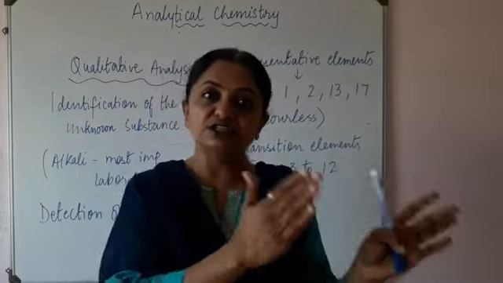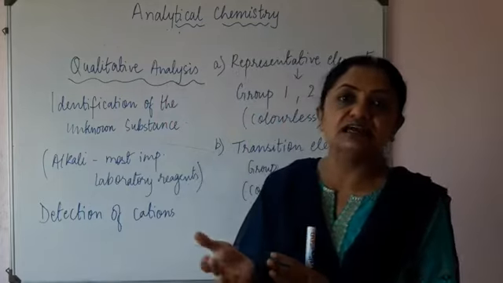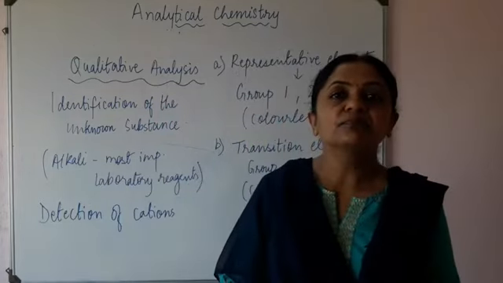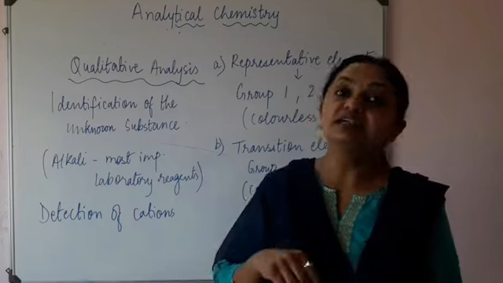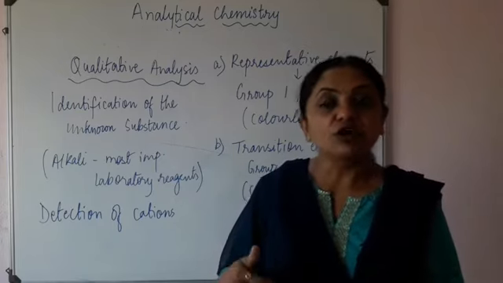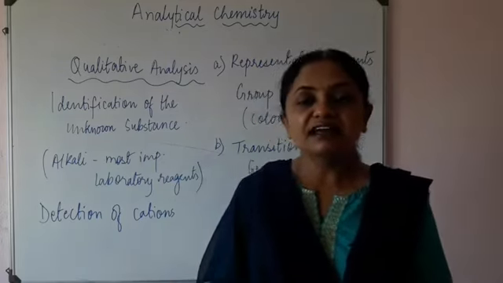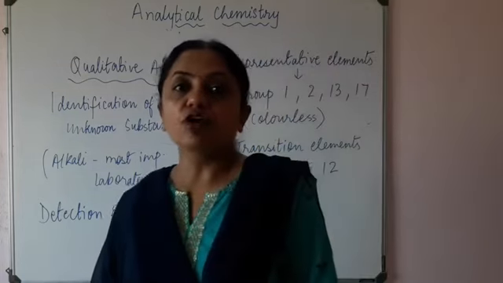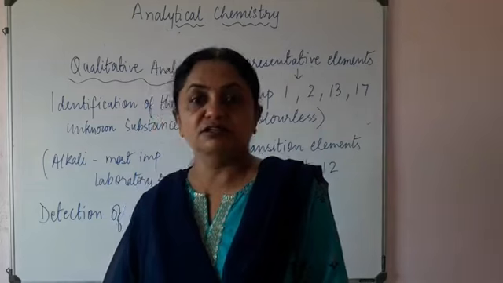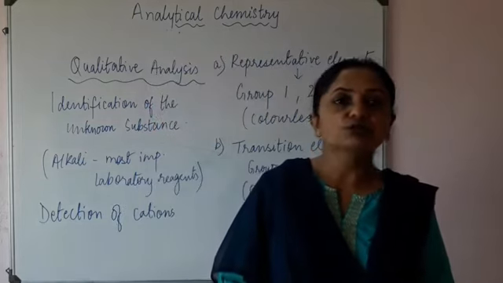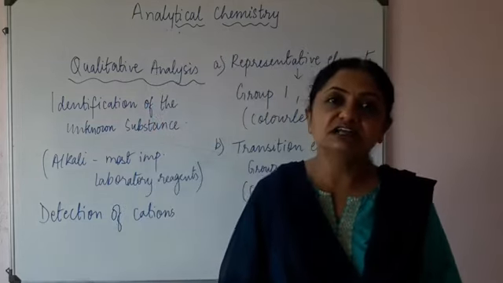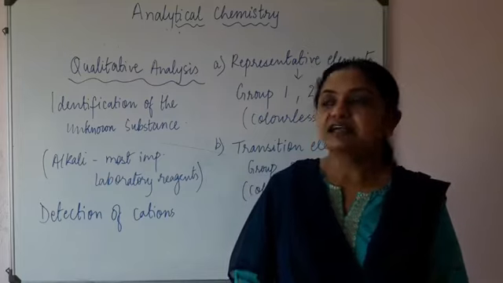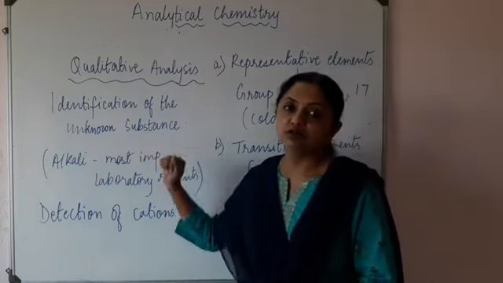Once you understand detection of cations and anions, you will be able to do salt analysis. Analysis means determination of the chemical components of a given sample, so from the unknown substance you will be able to identify which is the cation and which is the anion.